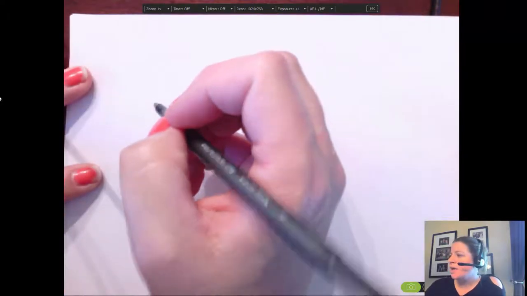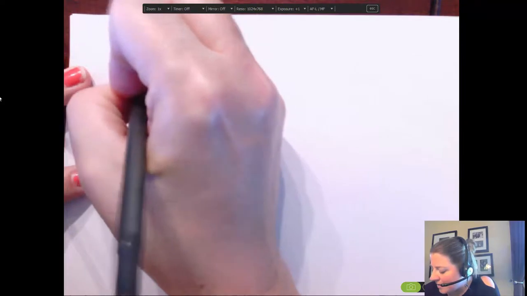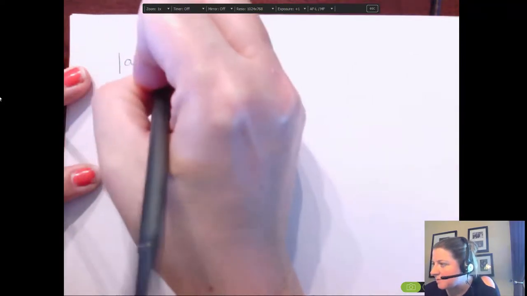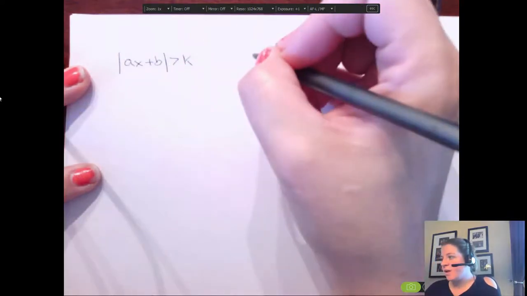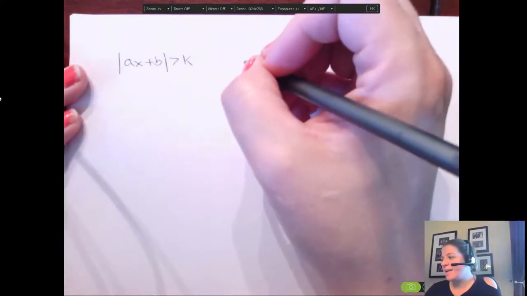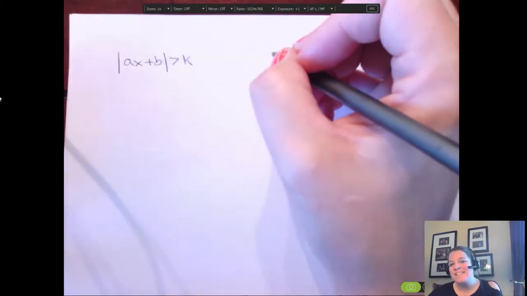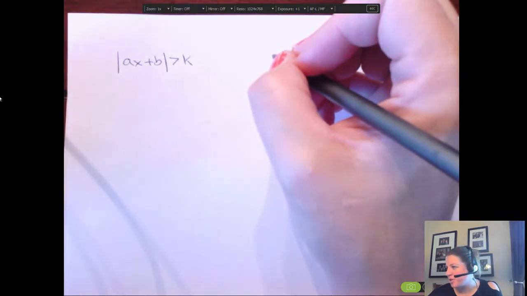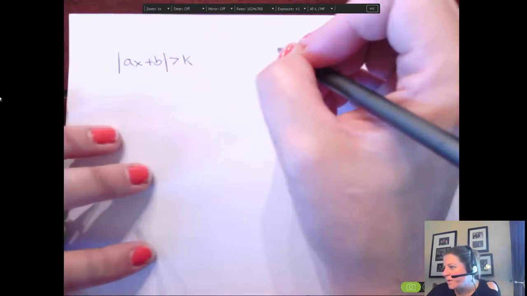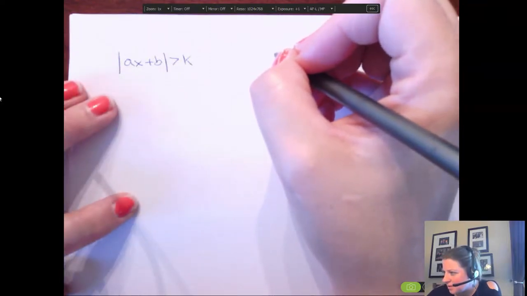So let's look at what happens with the absolute value with a greater than or less than symbol. It doesn't really matter what we have within the absolute value. If it's a greater than, then we solve it, and it consists of two separate intervals, usually an "or" situation.